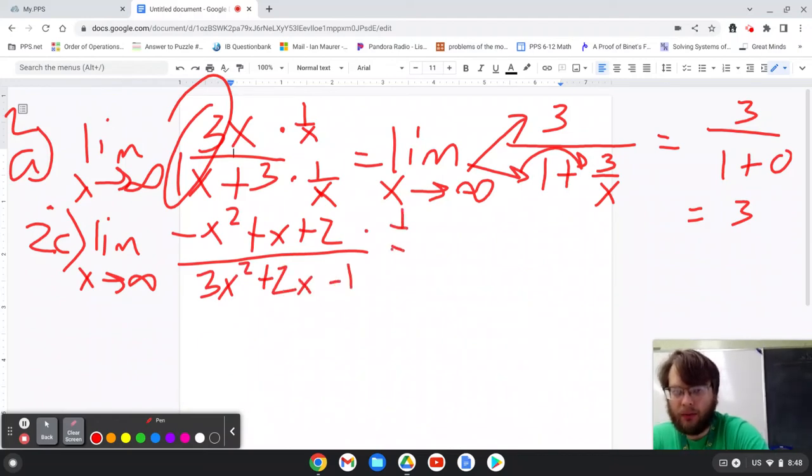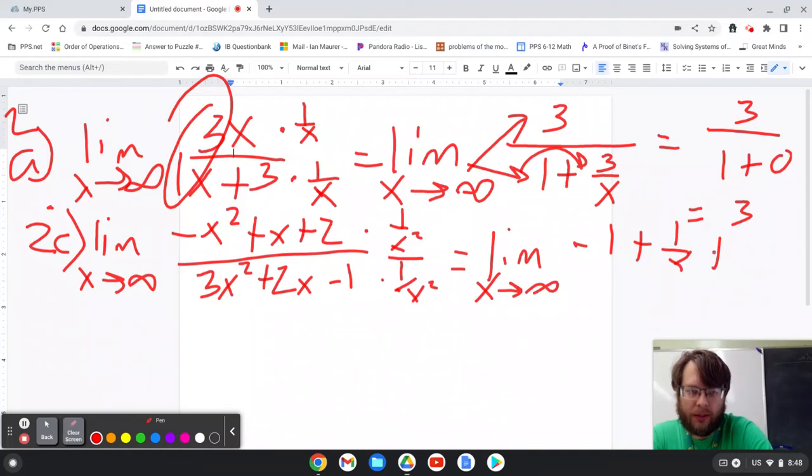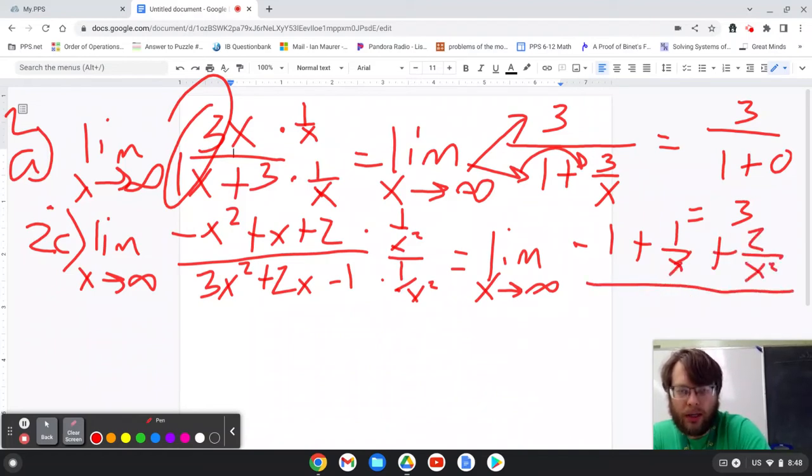Multiply top and bottom by 1 over x squared. Again, I'm allowed to do 1 over x squared because x is approaching infinity. I'm going to distribute it. So I have the limit as x approaches infinity of negative 1 plus 1 over x plus 2 over x squared, over 3 plus 2 over x minus 1 over x squared.